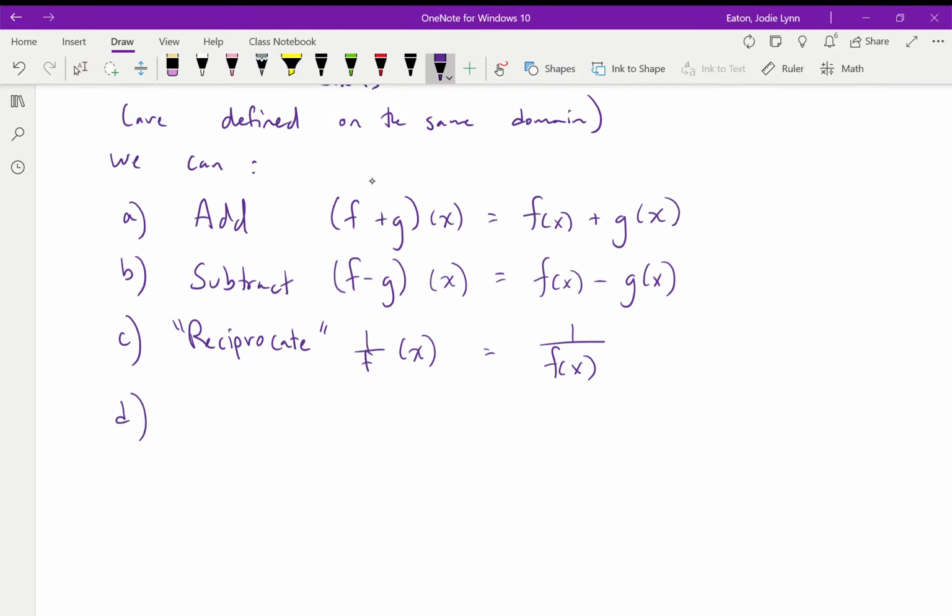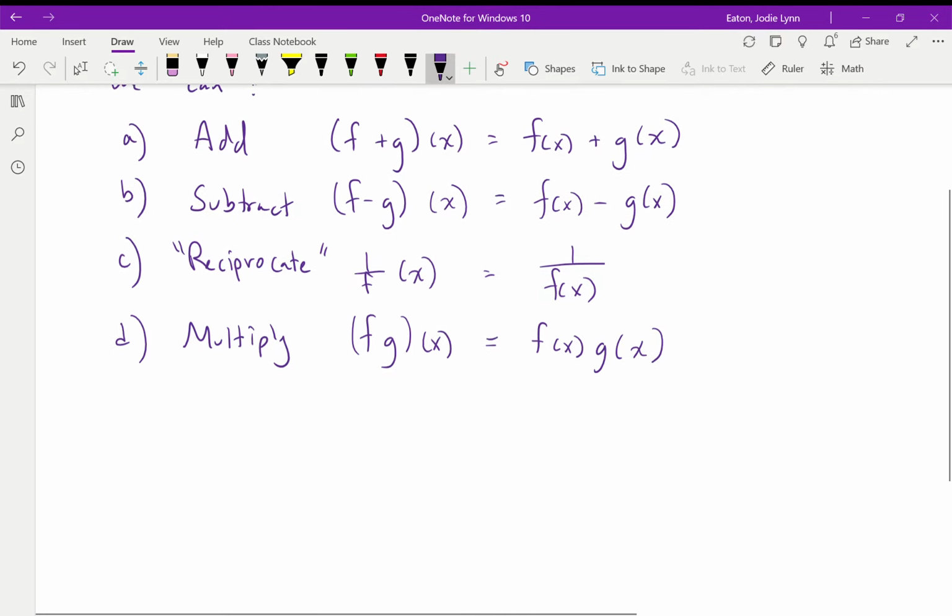We can divide them, but here we have to be, well, we can multiply. Multiply is not quite as tricky as divide. So fg of x equals f of x times g of x. Okay, we'll put a little dot just to remind us that we multiply here.